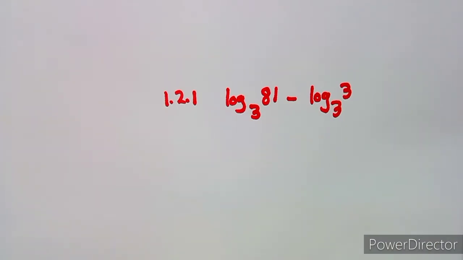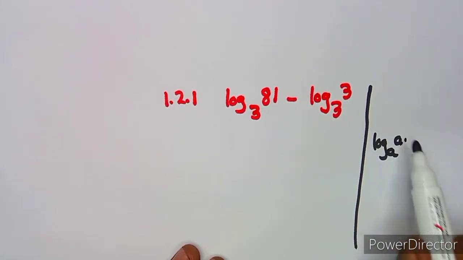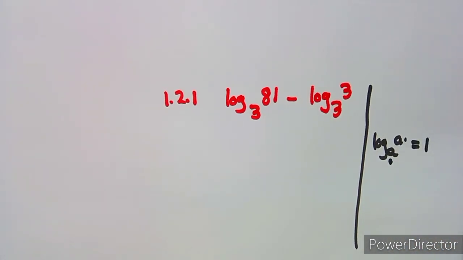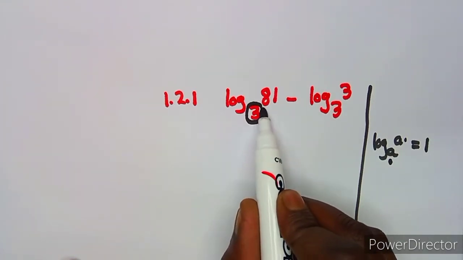Whenever you are to simplify logarithms without using a calculator, I told you, you have to always target to write your number in terms of a log of a number in base of the same number, which we know that we obtain a 1. The logarithm of a number in the same base with that number is a 1. So here we are going to take advantage, since we are already given the base of 3.